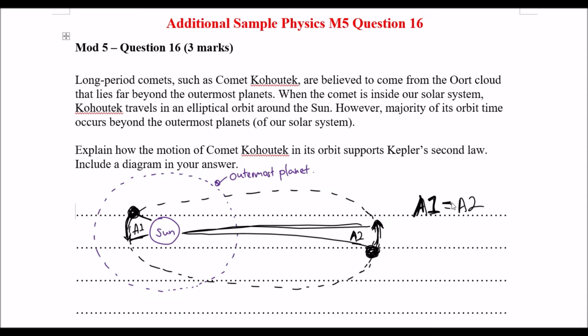So what we can also say is the time here is the same, but the distance traveled is greater here than it is here. Also, that means for the velocity, it's also the same idea.